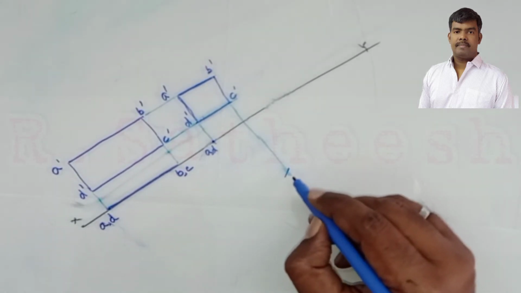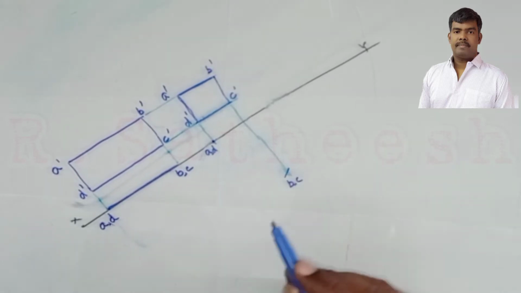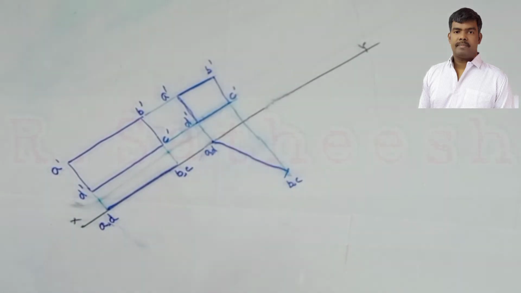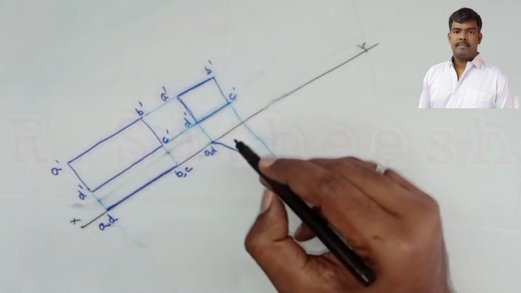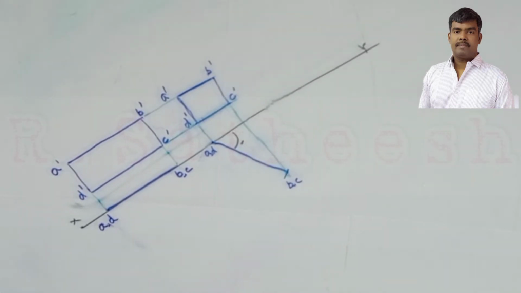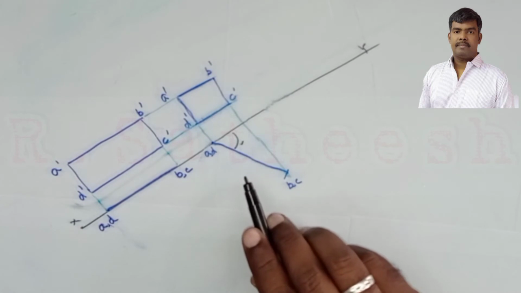So this is the final B comma C. If they ask for the inclination with the VP in the same problem, you can easily determine it. If they are not asking, no problem, leave it. So this one is the case of inclination to the VP only.